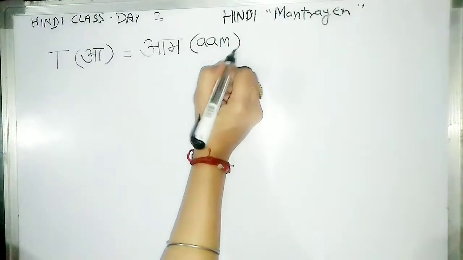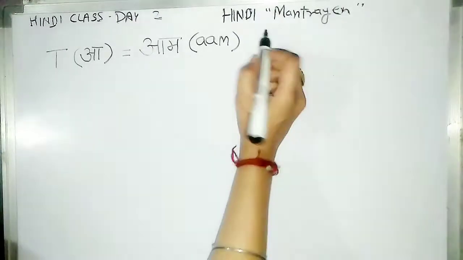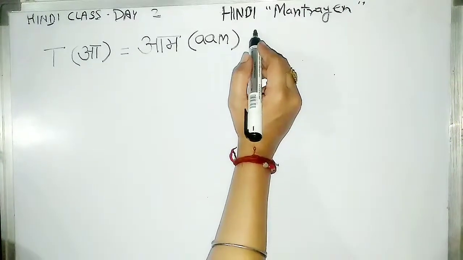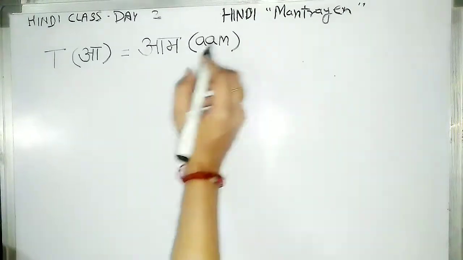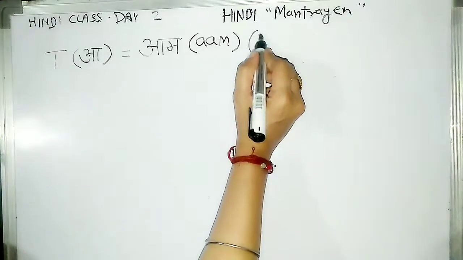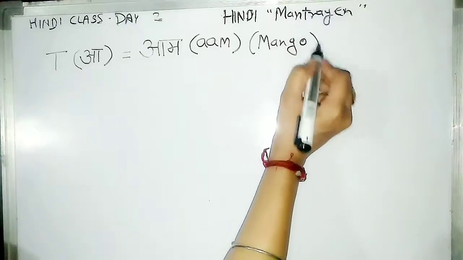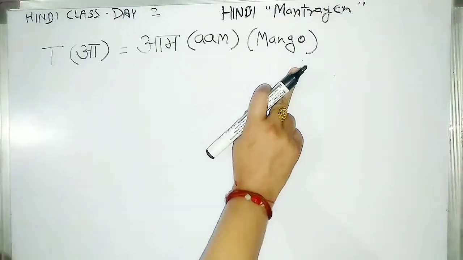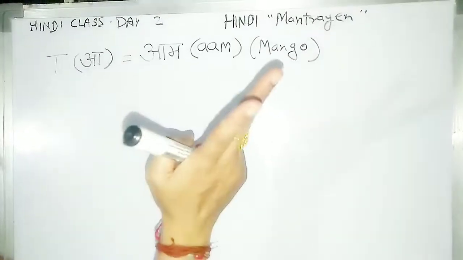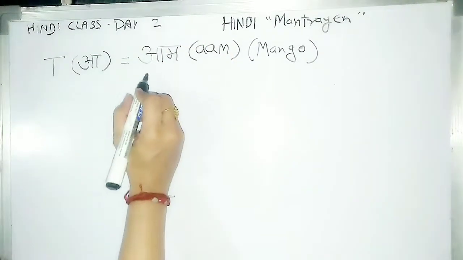Its spelling is double A-M. In English, M-A-N-G-O, mango. Aam means mango.